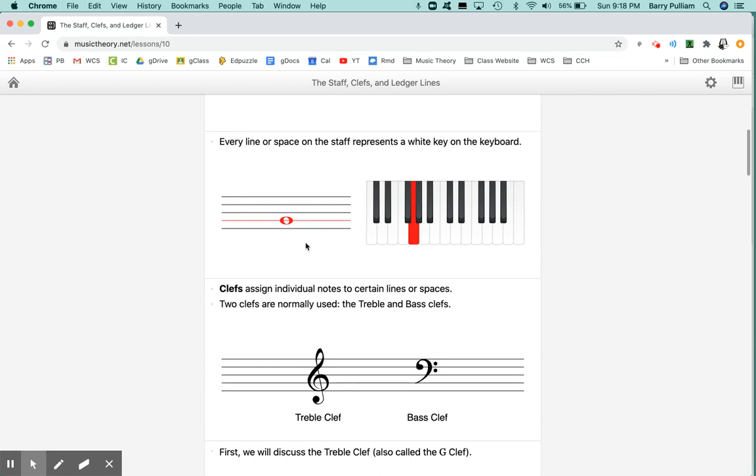There's another G down here, but it would be a G down on the bass clef. So for now, every line or space on the staff represents a white key on the keyboard. That will show up on next week's test, which will more than likely be 2-part and timed. It may just be 1 part and all timed.